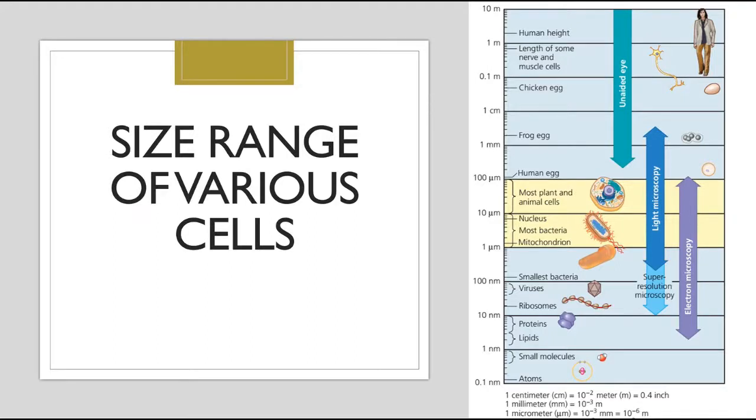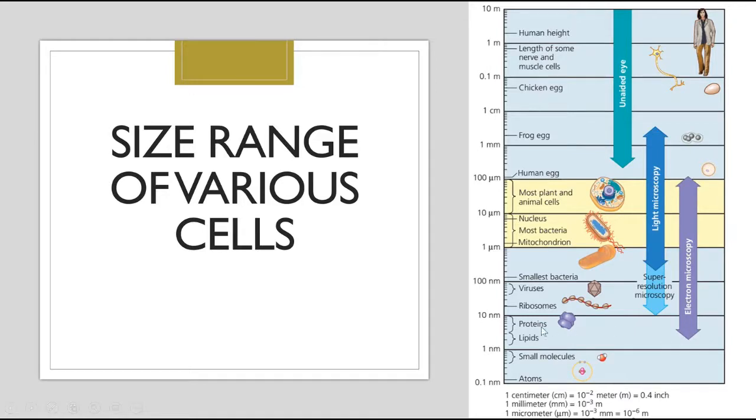This is an example of the size range of various cells, which will give you an idea of how they look. For example, atoms, which we have learned about in chemistry, range from 0.1 nanometer. 1 nanometer is 10 to the power minus 9 meter, so atoms are even smaller, with no chance of looking at them even through an electron microscope, which is a very powerful microscope.